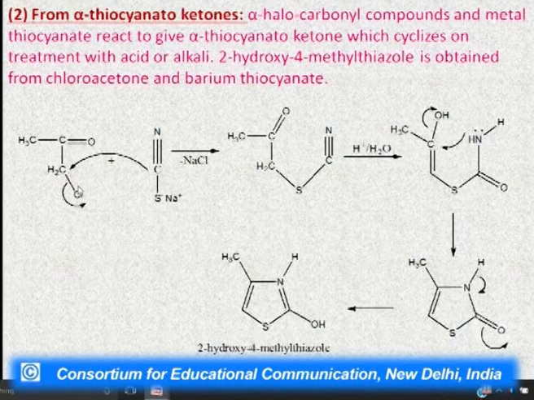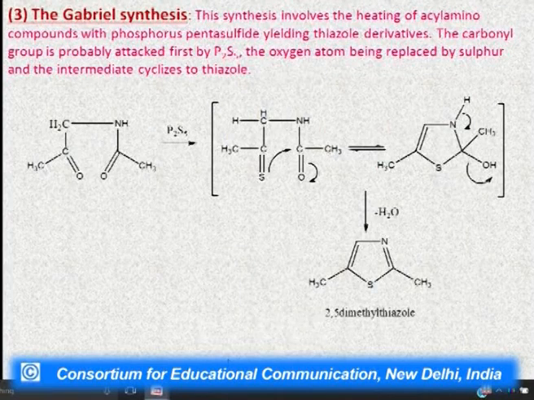In this reaction, first these two reactants interact together and lose one molecule of sodium chloride and give this intermediate product, which undergoes hydrolysis to give the hydroxy derivative, which then cyclizes and finally gives 2-hydroxy-4-methyl thiazole. So, a substituted product can be formed from this reaction.